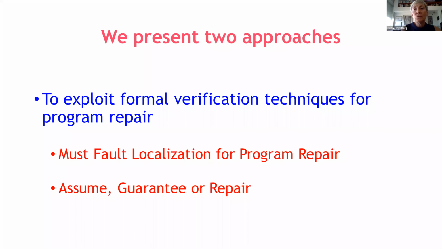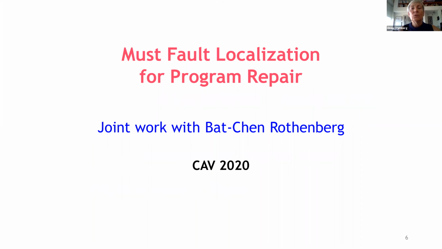I will present two approaches to repair, which are quite different. Both use formal verification techniques, but are quite different from each other. One is about masked fault localization for program repair, and the other one uses assume-guarantee for repair. So let's start with the first one.